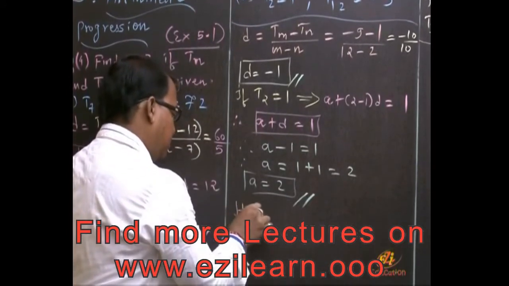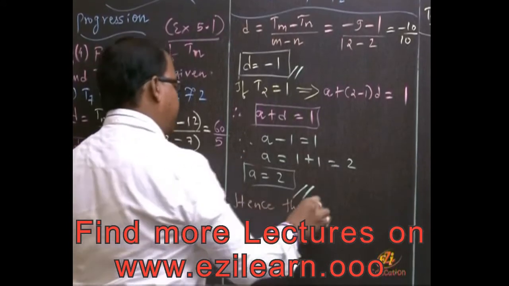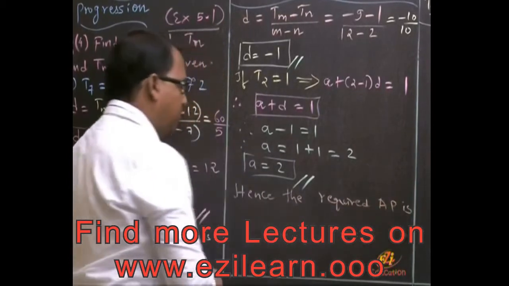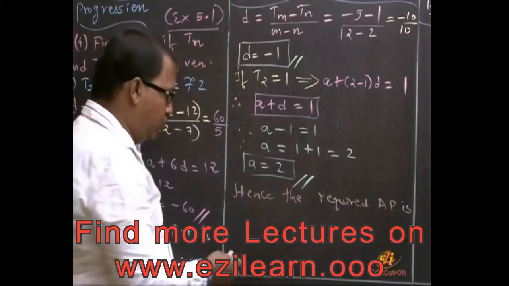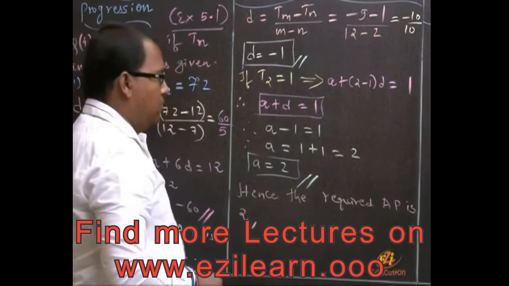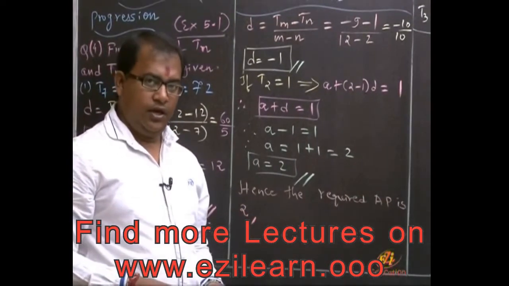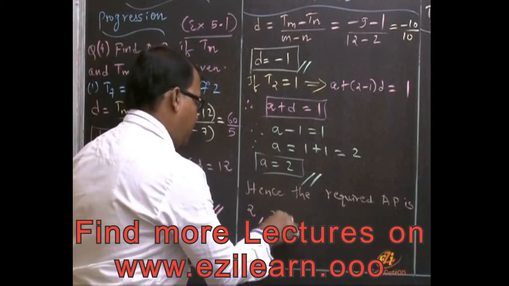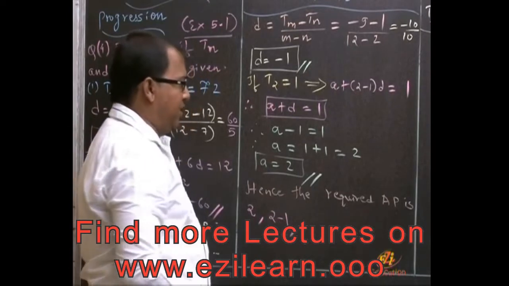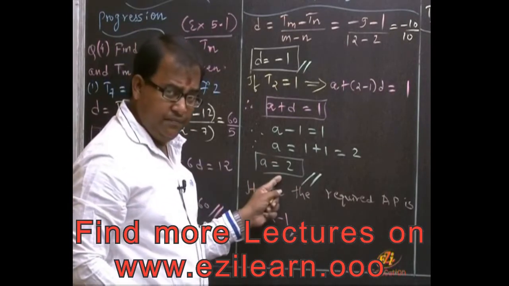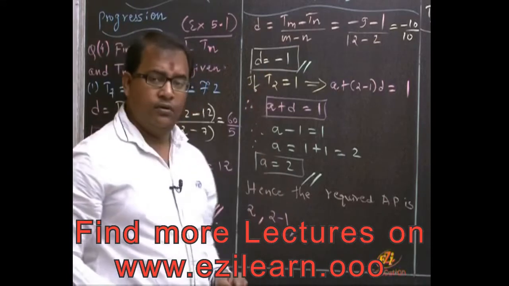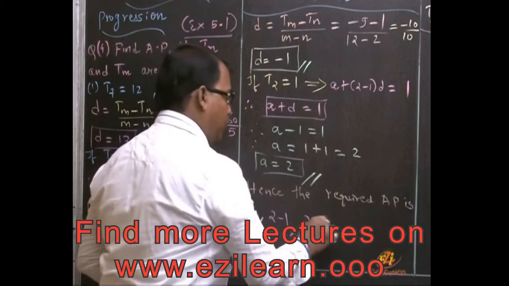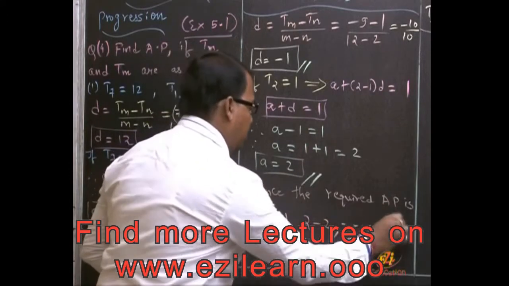Hence, the required AP is first A, that is 2, then A plus D, that is 2 plus minus 1, then A plus 2D, and so on.